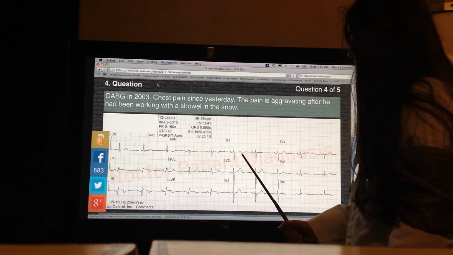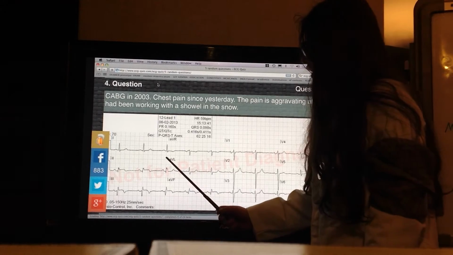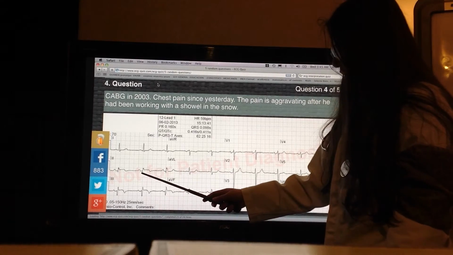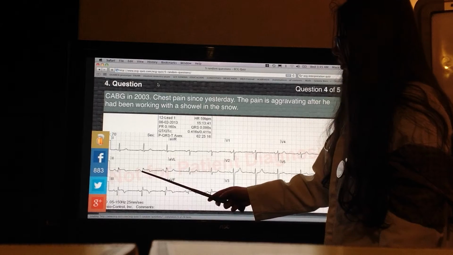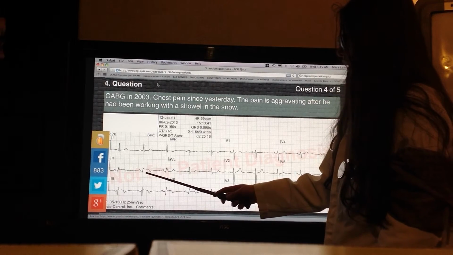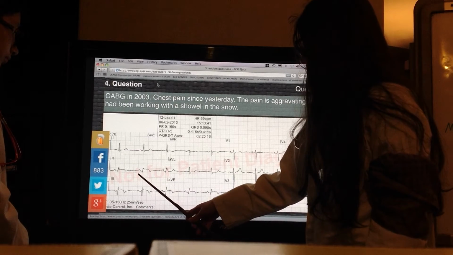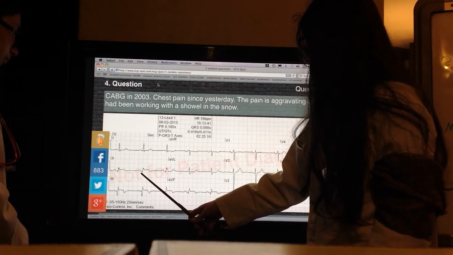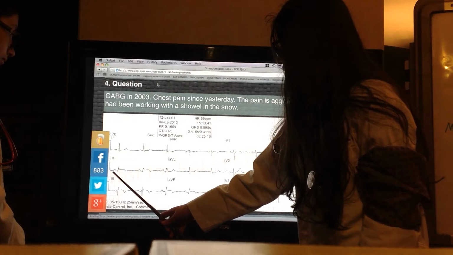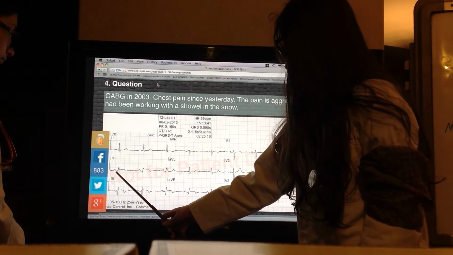The hypertrophy of the left atrium is that the P in D2 is greater than 3 small squares, which is 0.12 seconds, and here it is, yes, almost like 3 small squares. Here it is like 2 and a little more.